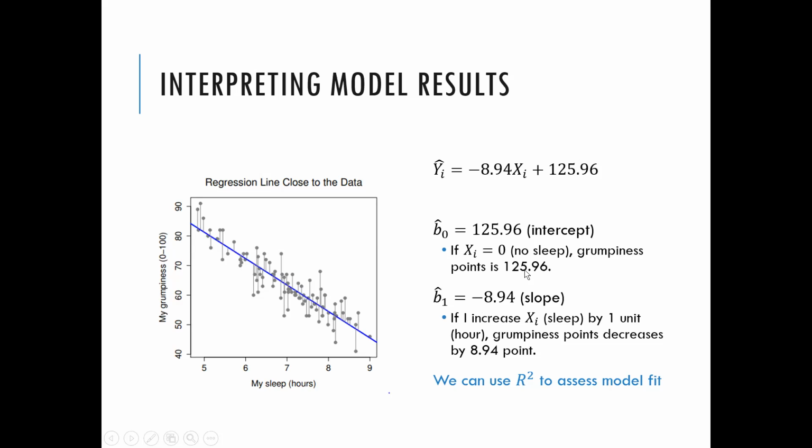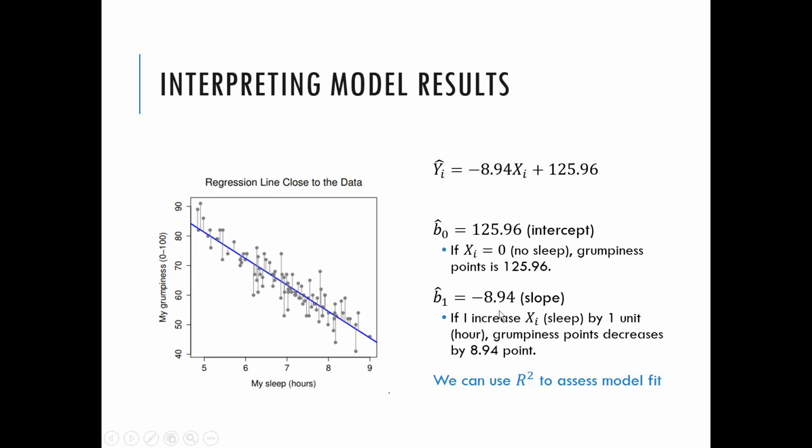So how would we interpret this intercept? Remember, if x is 0, in other words, if she's getting no sleep, then this term cancels out, and we just have the value 125.96, and that would be her grumpiness points, somewhere up here. And then we interpret the slope just like we would with a linear equation: if x increases by 1 unit, this is the value by which y changes.